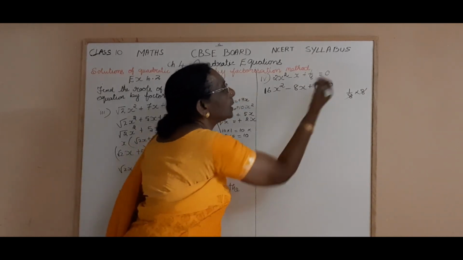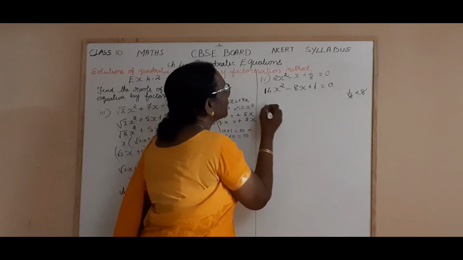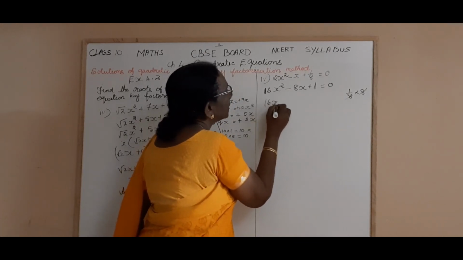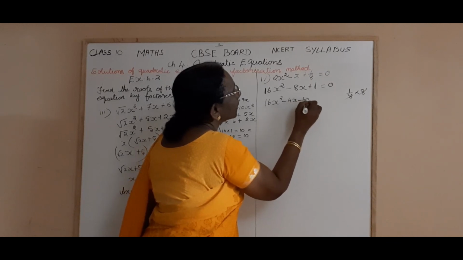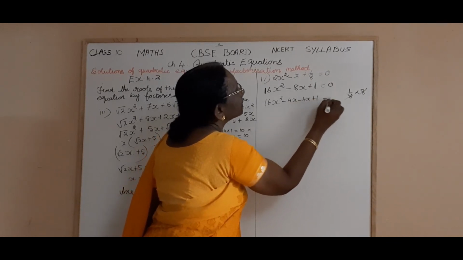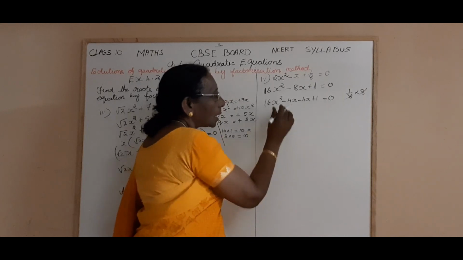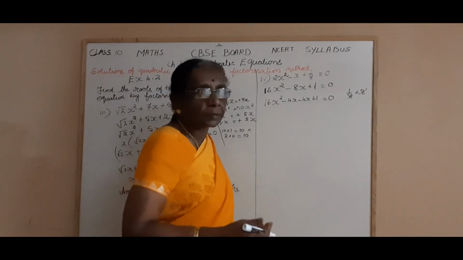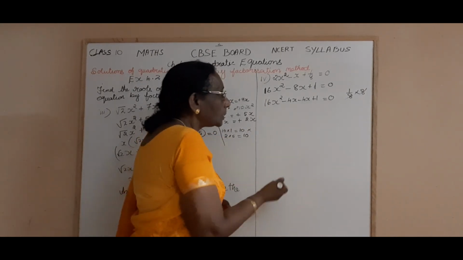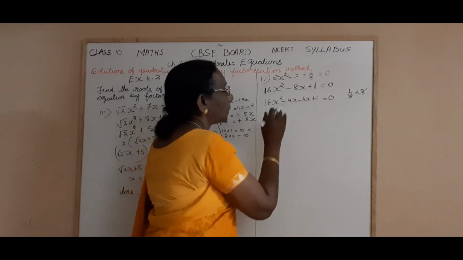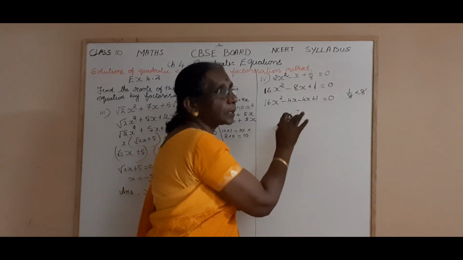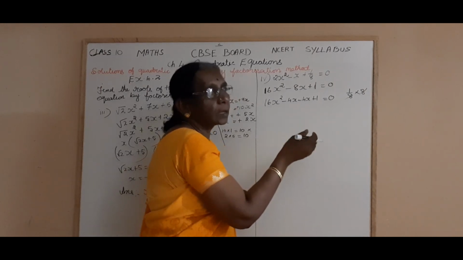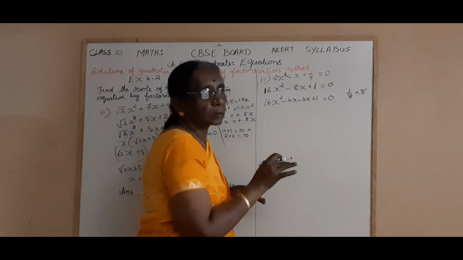Okay. So no need to write all these steps. Straight away you can write 16x squared minus 4x minus 4x plus 1 is equal to 0. And when you do more and more sums, it will be very easy. The important thing is to write the signs of the middle terms px and qx correctly.